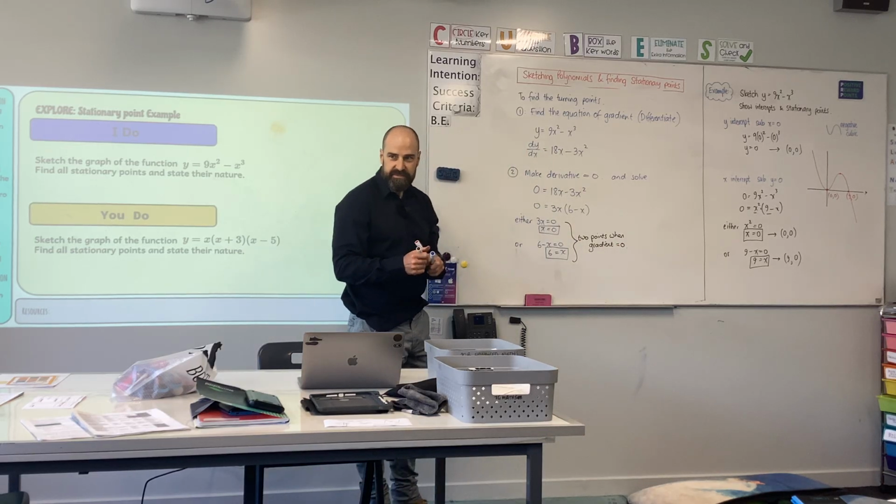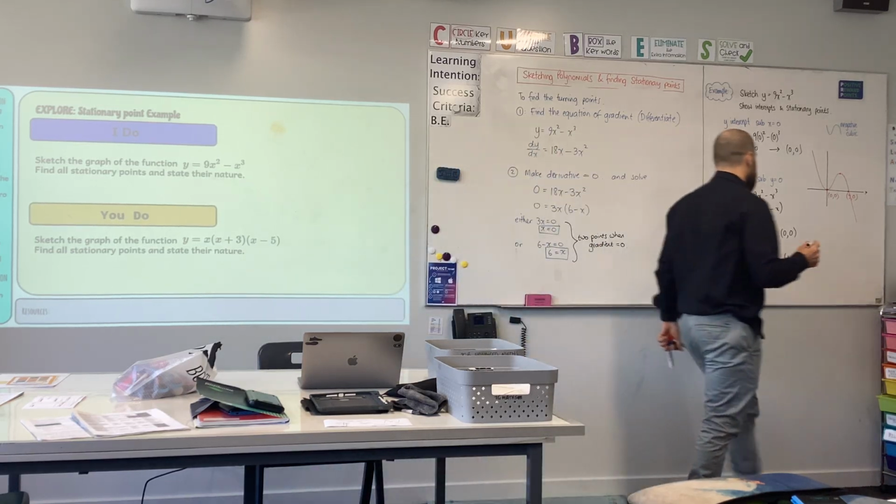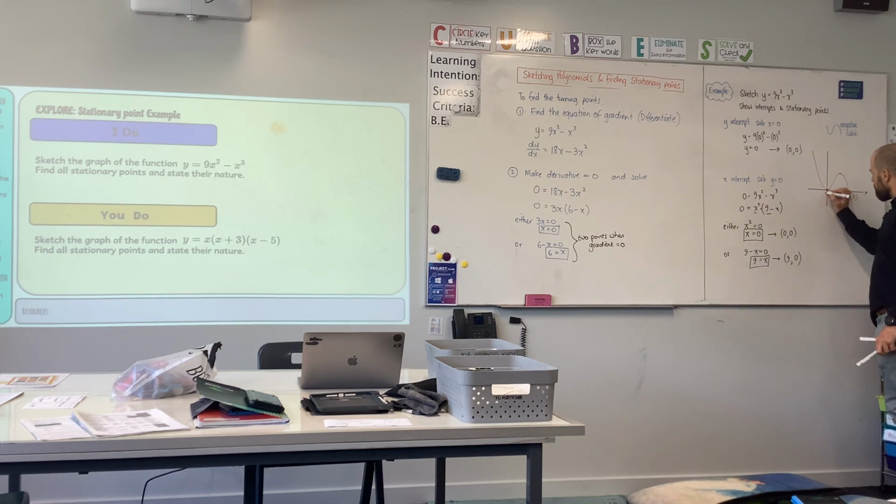So here's one of them, 0. Here's the other one, that's 6. Now, how do I know which one's a maximum, which one's a minimum? Your textbook talks about drawing sign diagrams.